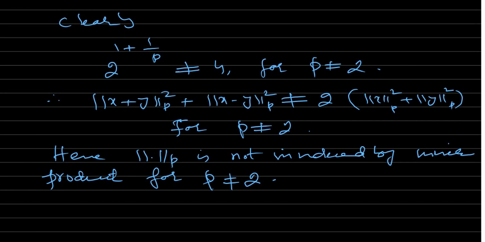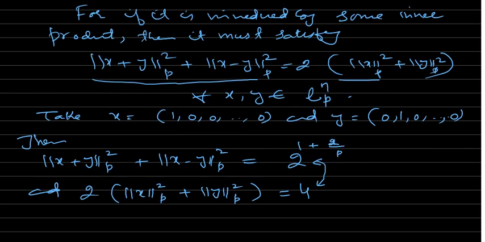So there are other examples, like we have LP spaces. Here it's 2 raised to the power 1 plus 2 by p. You can calculate this norm that I have kept here. It's very simple. X is fixed, and x plus y will be 1, 1, then 0, 0, 0, and x minus y will be 1, then minus 1, then 0, 0, 0.